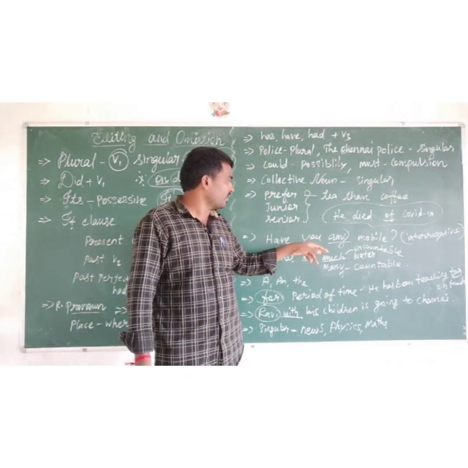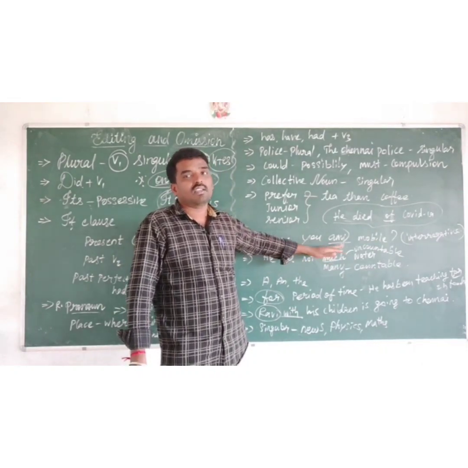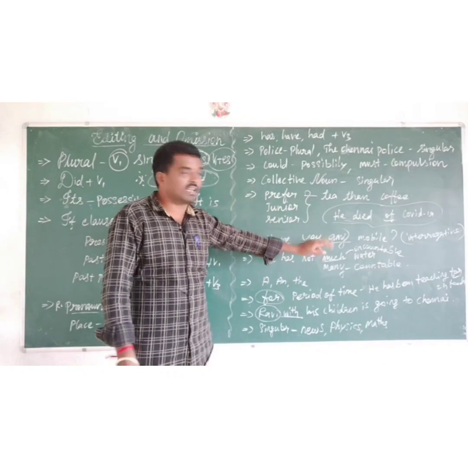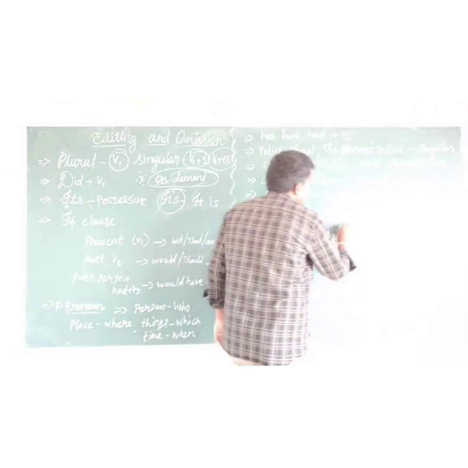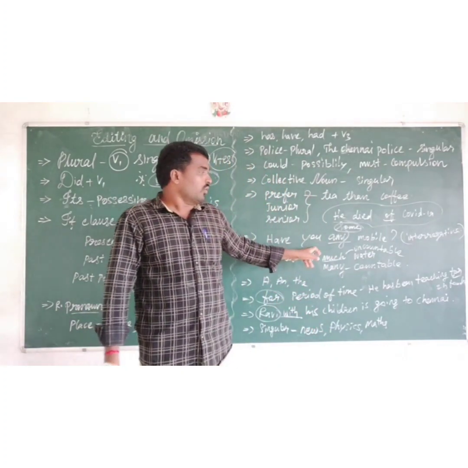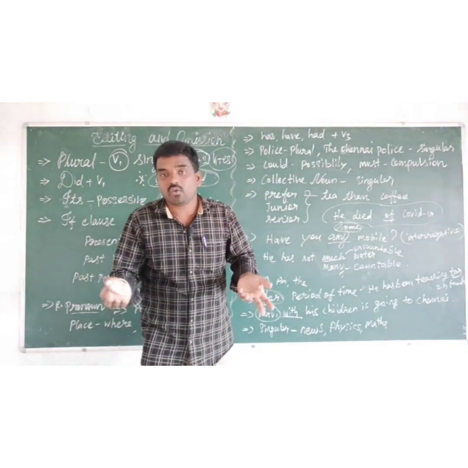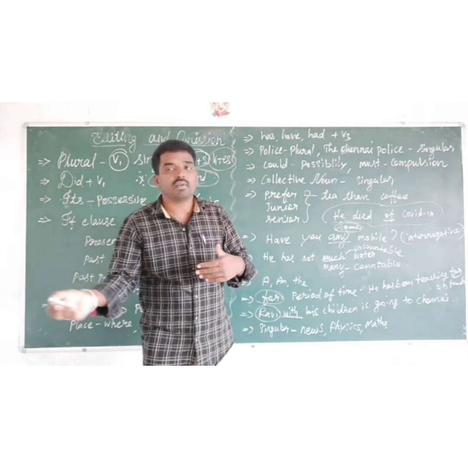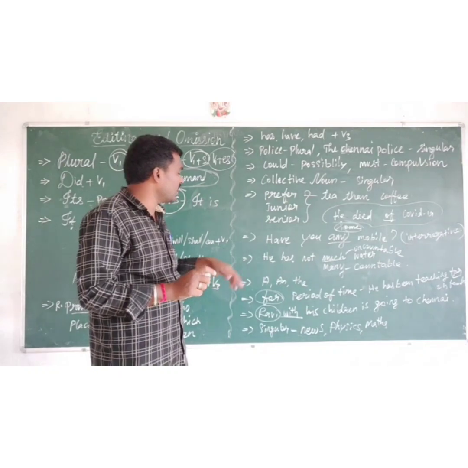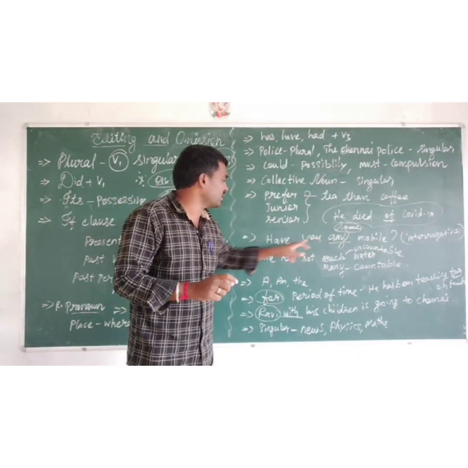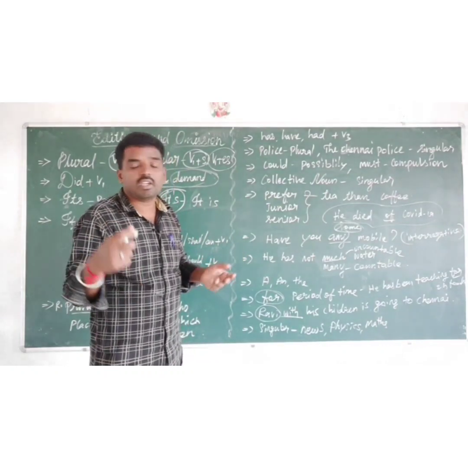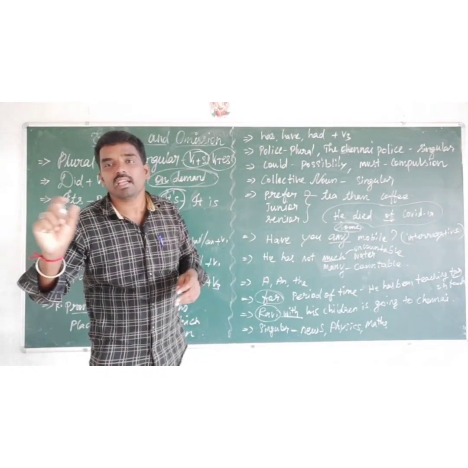Next, have you. This is also one of the important ones. For interrogative, it is any and some. If we are asking a question to any person, we want to use any. For example, have you any mobile?